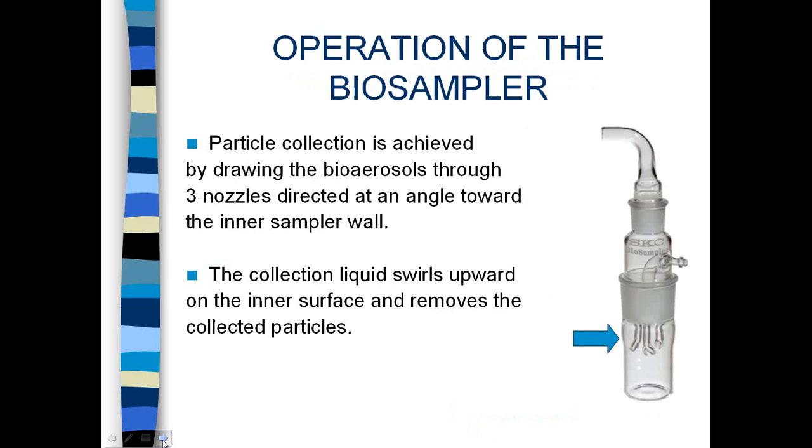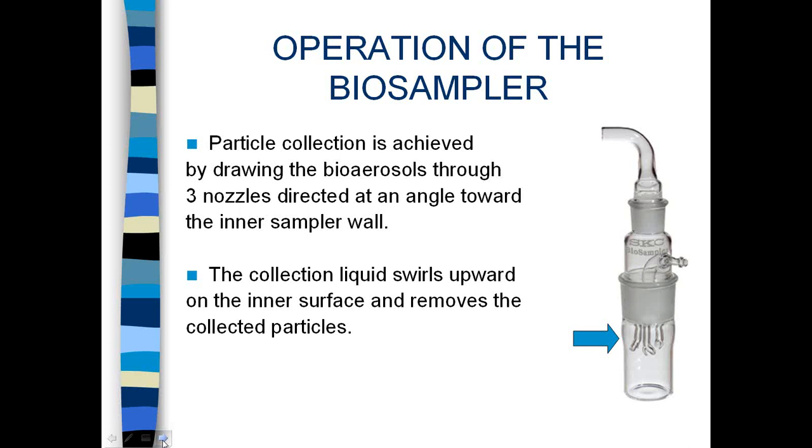With the SKC biosampler, particle collection is achieved by drawing the aerosol through 3 nozzles directed at an angle towards the inner wall. This creates kind of a swirling action, like a washing machine, and gently removes collected particles.